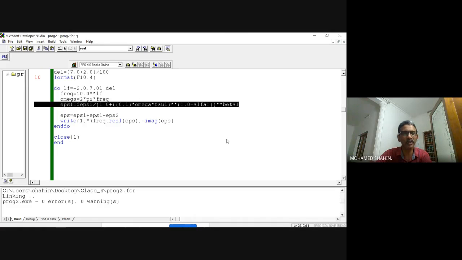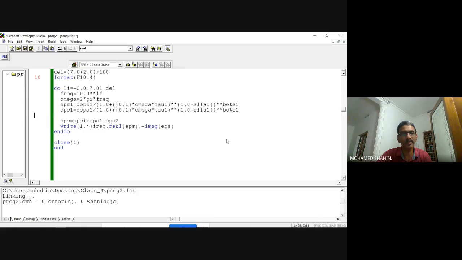Now you copy this, Control C, Control V. Now EPS2 is equal to DEPS2 divided by 1 plus i omega tau 2, 1 minus alpha 2 to the power beta 2.